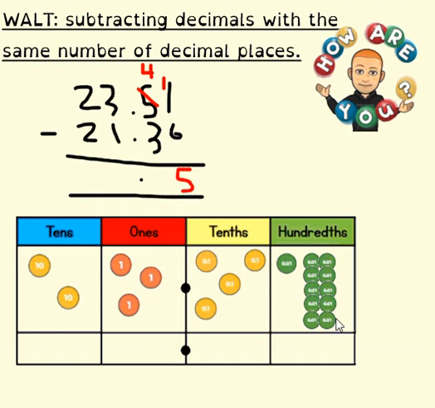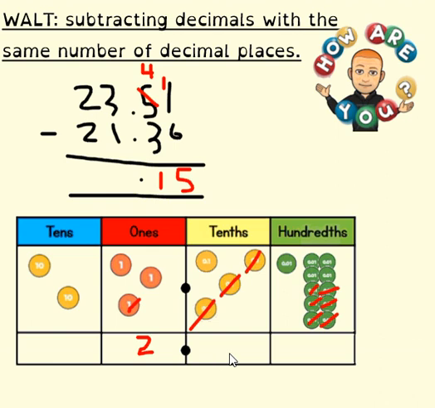I do that with my counters as well to just check my answer. So I've got 5 remaining. 4 tenths take away 3 tenths, gives me 1/10 remaining. 3 ones take away 1 one would give me 2 ones.